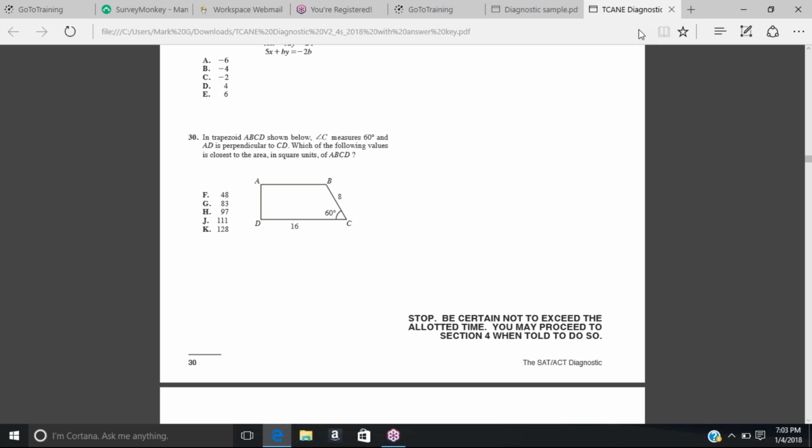Multiply that by your height, 4√3 times 14. I come up with 95.2. And once again, the only choice that's close is H. And probably the reason why I was a little low in both cases is because 1.7 was a slightly lower approximation of √3. I think it's like 1.72.